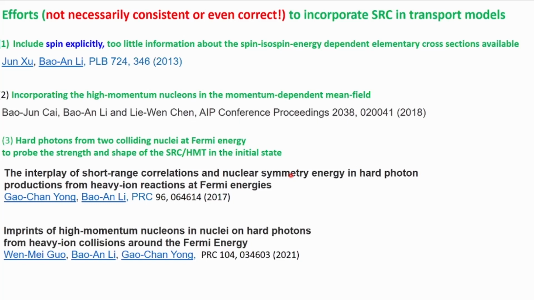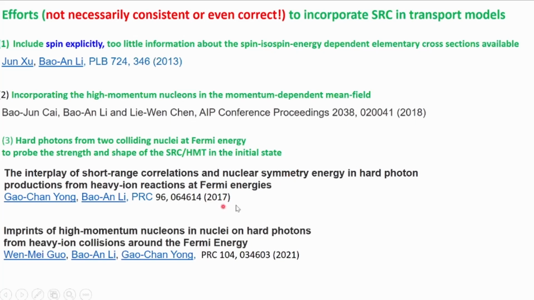In order to study effects of short-range correlation caused by the tensor force, we have to incorporate the spin degree of freedom explicitly. But we run into a lot of trouble because we don't have enough information about the isospin dependence of elementary nucleon cross sections. Those are necessary inputs.